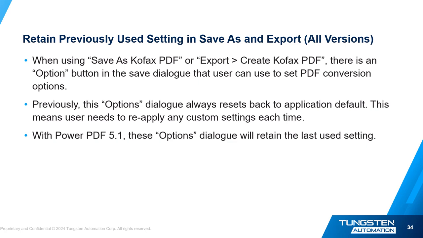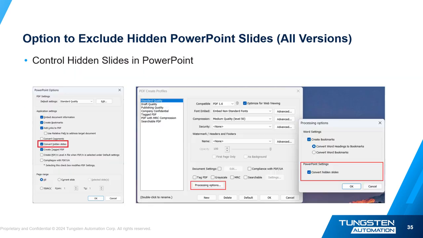This will significantly improve the workflow for users who use this feature multiple times in a day and don't have to select the profile each time. Also, while converting PowerPoint files to PDF, it is now possible to control how the user wants to manage the hidden slides in the presentation. Previously, the entire file was converted and users had to go into the file and delete these hidden pages.